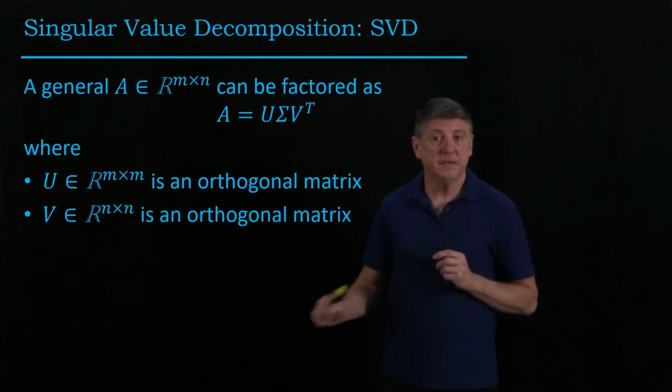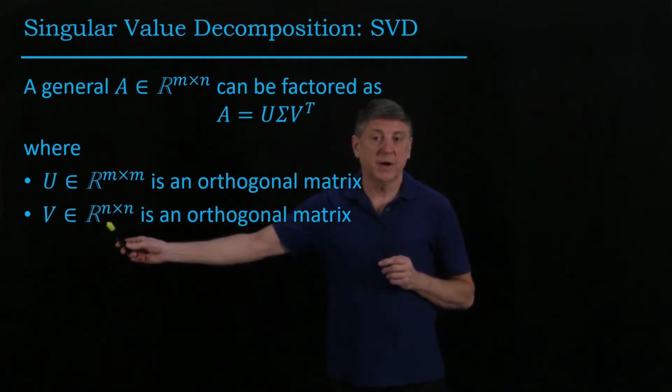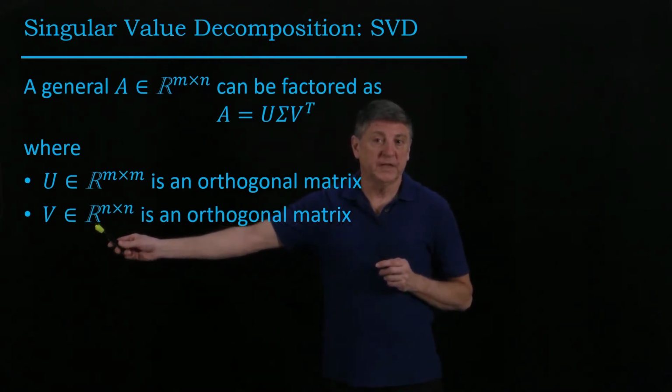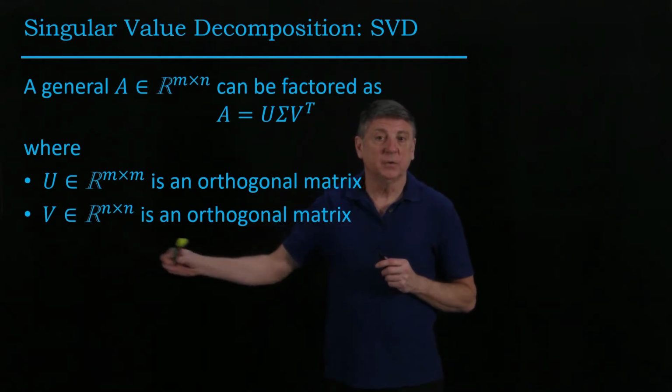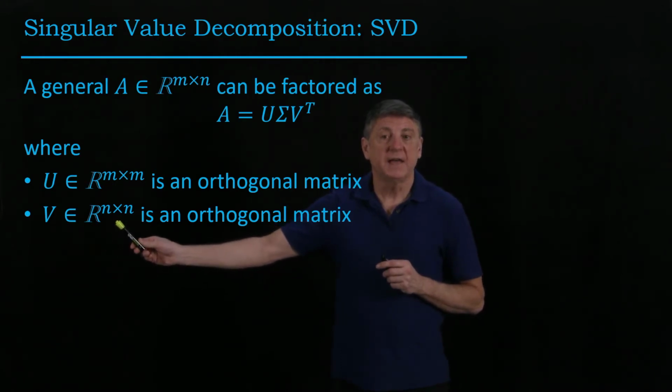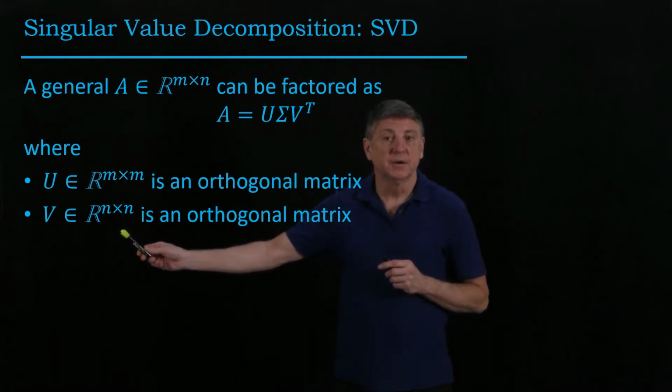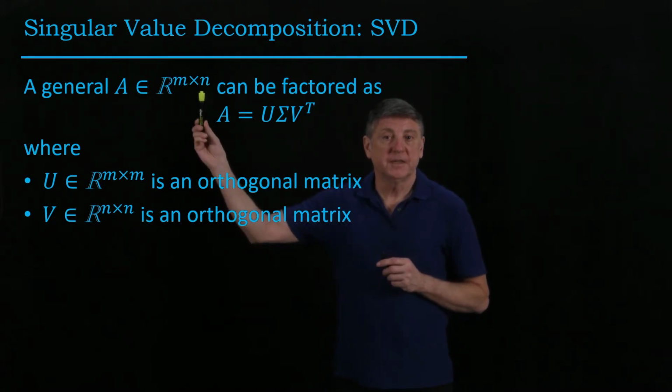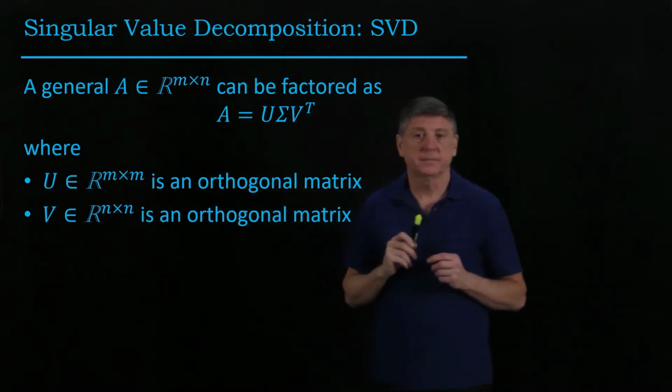The matrix V will be square, it will have all real entries, and it will also be an orthogonal matrix. So this matrix has orthonormal columns, and those columns are a basis for vectors that have n entries.